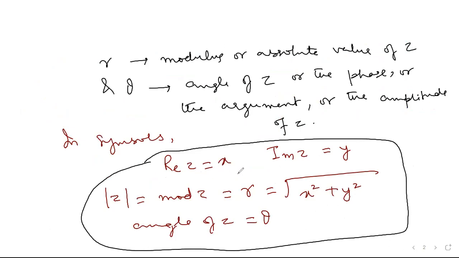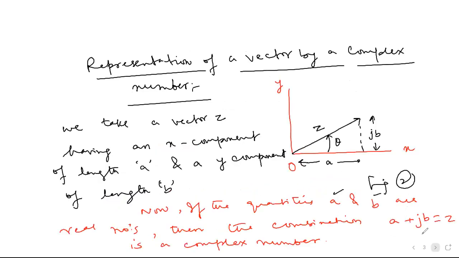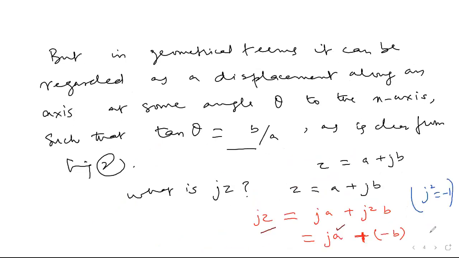Then this is the symbolism. Re z means real part of z, Im z means imaginary part of z, and mod z is written this way. Then we talked about the representation of a vector by a complex number. The relationship was, if we have a vector z having x component a and y component b, then it represents a complex number a plus jb, right?